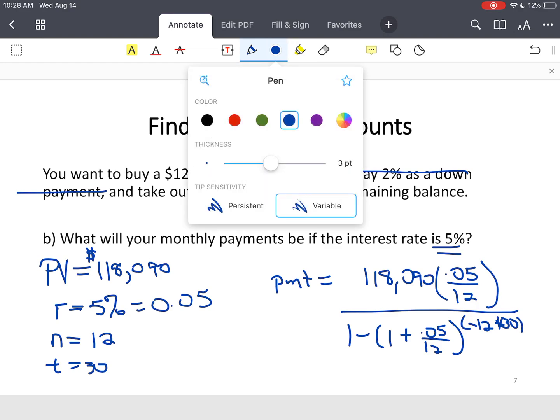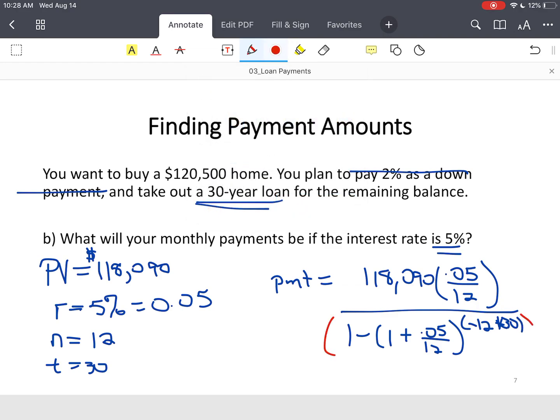And again, you may need to insert parentheses, particularly in your denominator, an extra set. So then the rest of it is you let your calculators do the heavy lifting. You just substitute everything correctly.